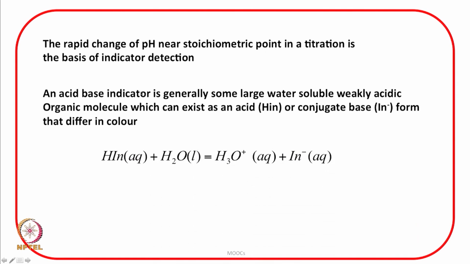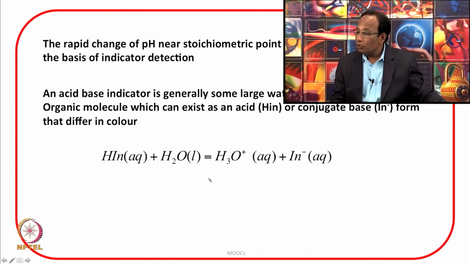The proton transfer equilibria will be this. You have an acidic form of the indicator HIn. It will donate its proton, form hydronium ion and will have In minus, and these two will have different color. That is, before the titration it will have color specific to this, after the titration it will have color specific to this.